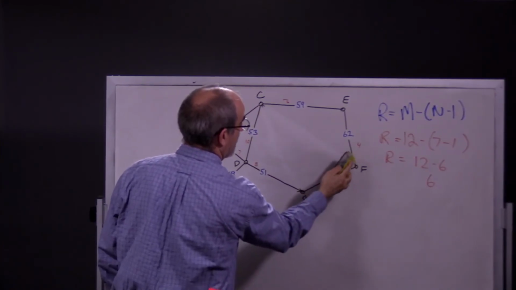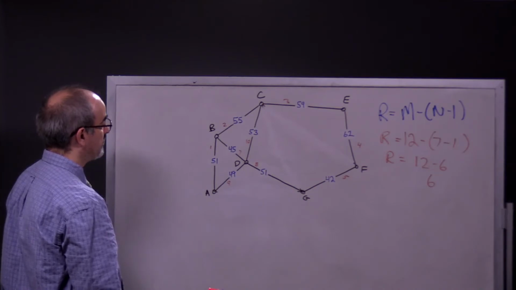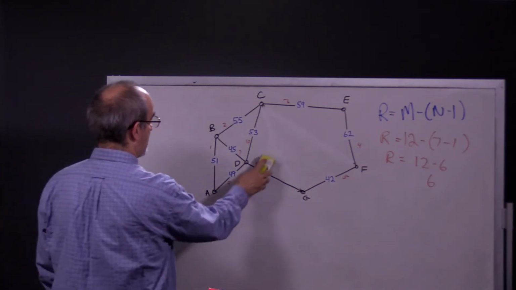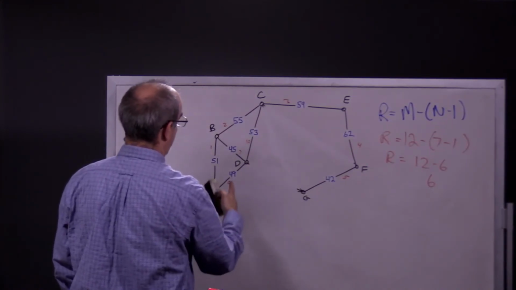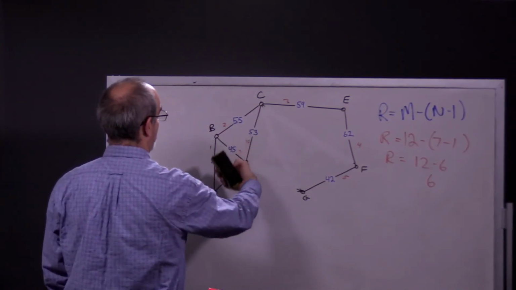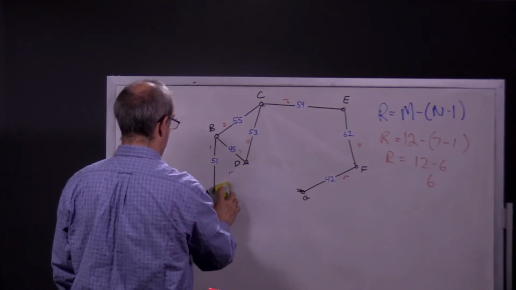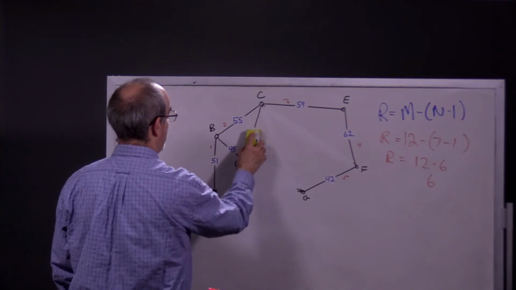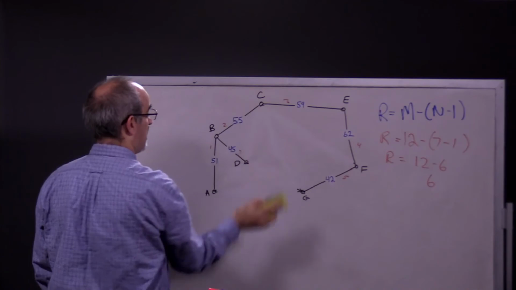So I've erased 3 edges. I should be able to erase 3 more. I can erase this edge. Everything's still connected. And you can erase any 2 of these, so I'll erase the 2 bigger ones. This actually might be a minimum spanning tree that I just made.